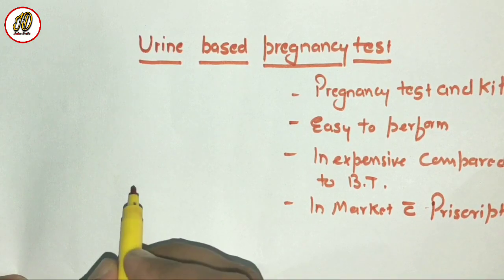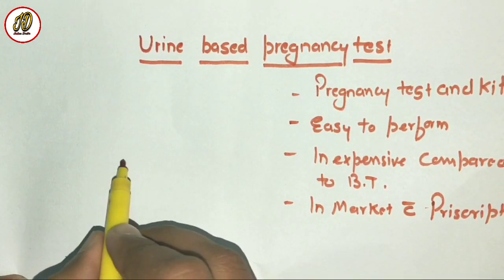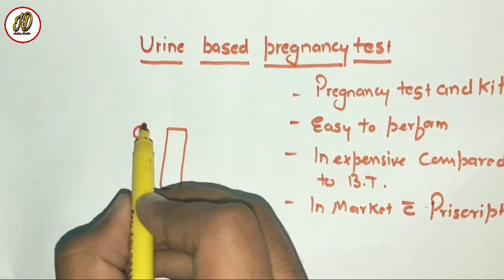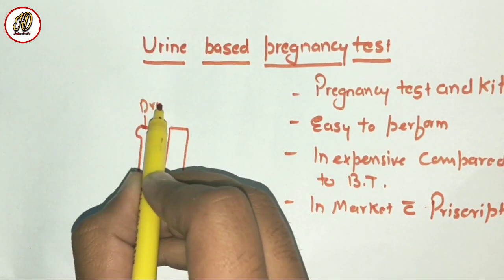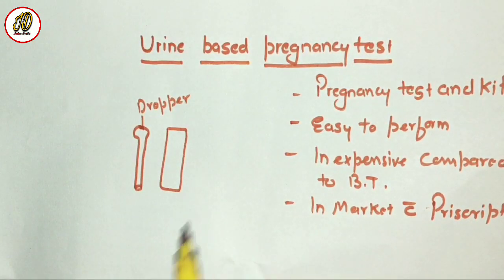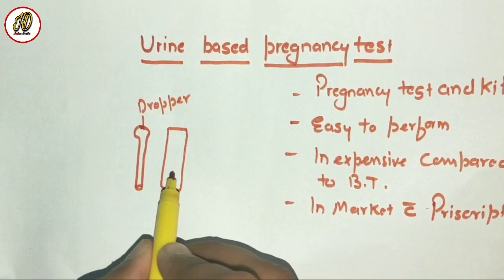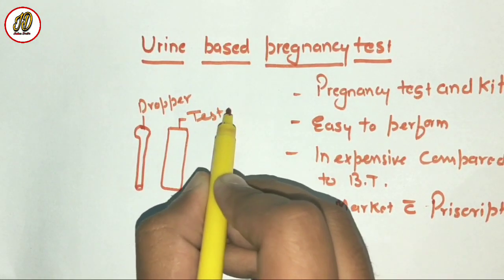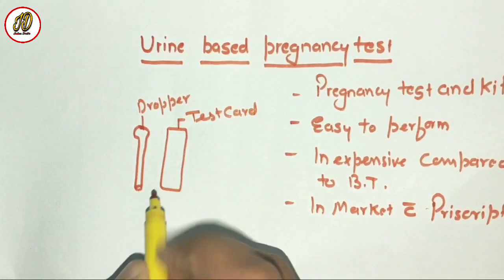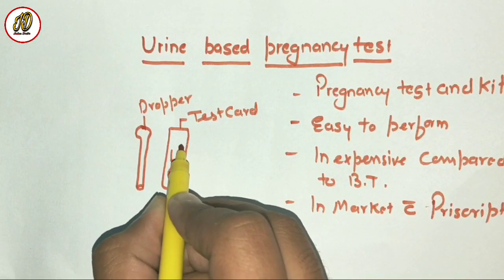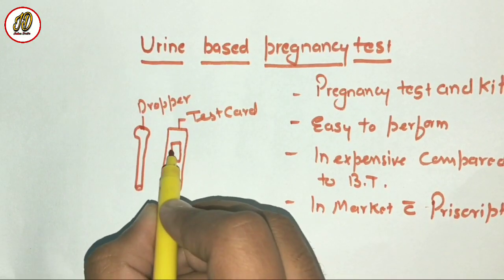Now let's learn a little in detail about the pregnancy test kit. In the pregnancy test kit, the dropper is to place the urine sample, and the plastic strip is known as the test card, and there is a circular and a rectangular window on the test card.